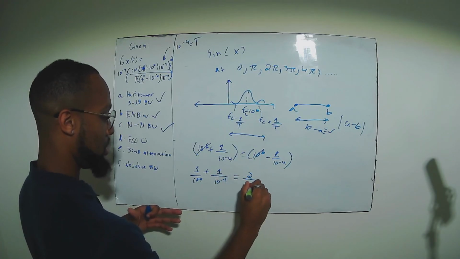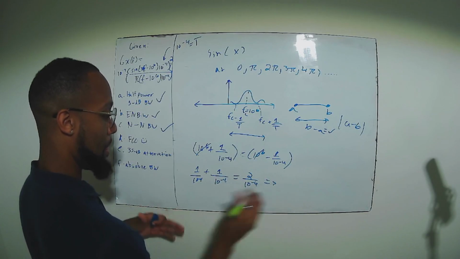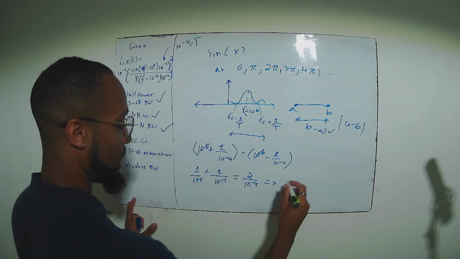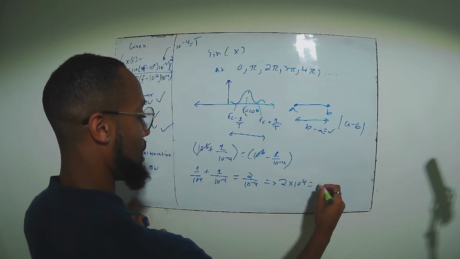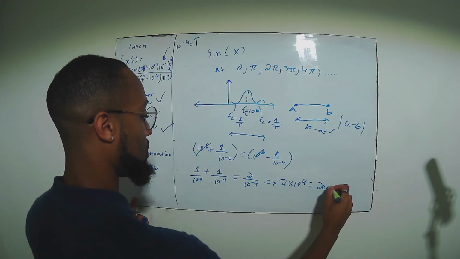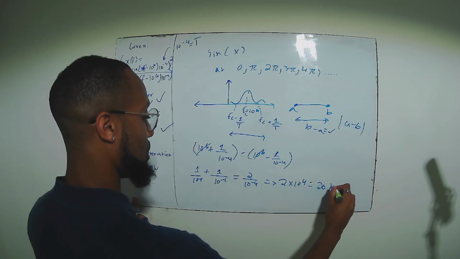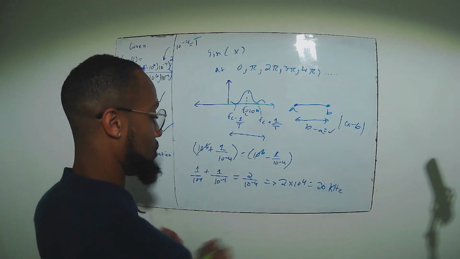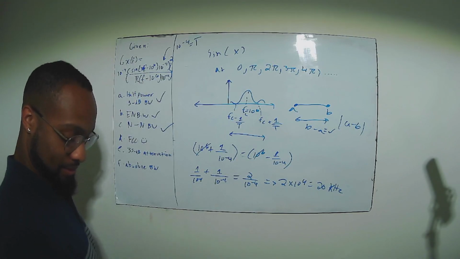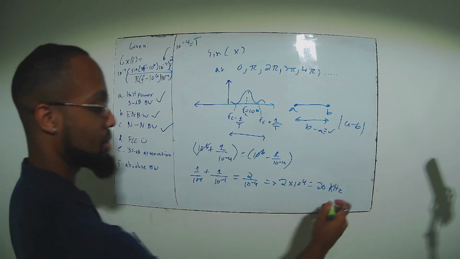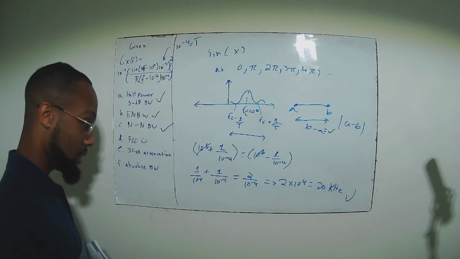That's 2 over 10 to the minus 4, which, if I did my math correctly, is 2 times 10 to the 4th. That's going to be 20 kilohertz. 20 kilohertz, I think so. Let's just fact check that real quick. Yep, 20 kilohertz. So this is going to be our null-to-null bandwidth.